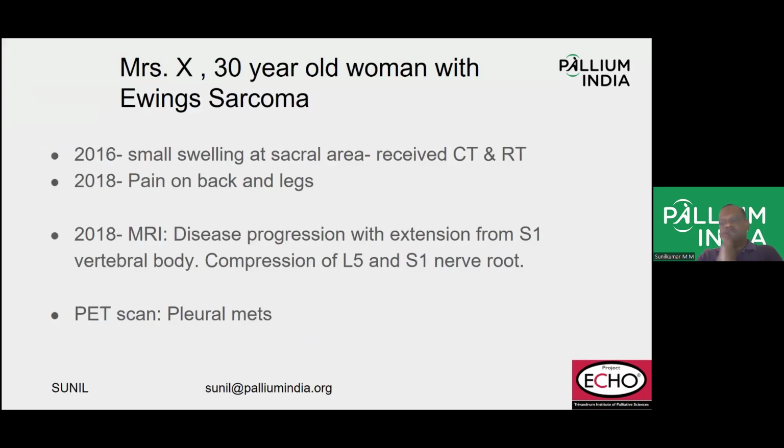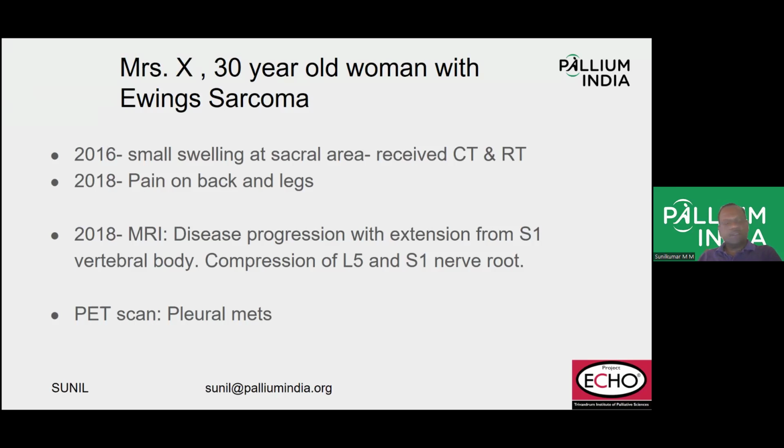So we would start with a patient history. So we have a 30-year-old woman who was diagnosed with Ewing sarcoma in 2016. And she was okay for 2 years, but then she started to have pain on her back and legs.